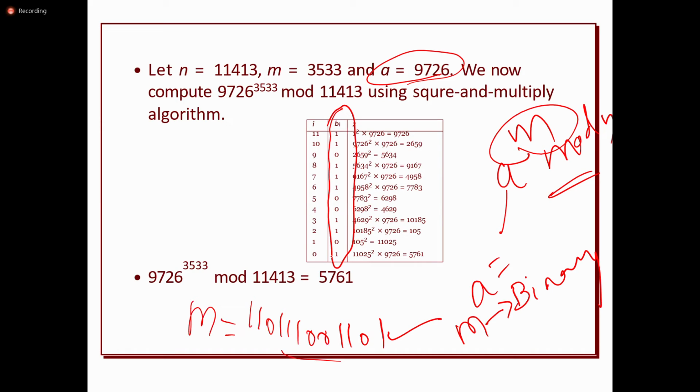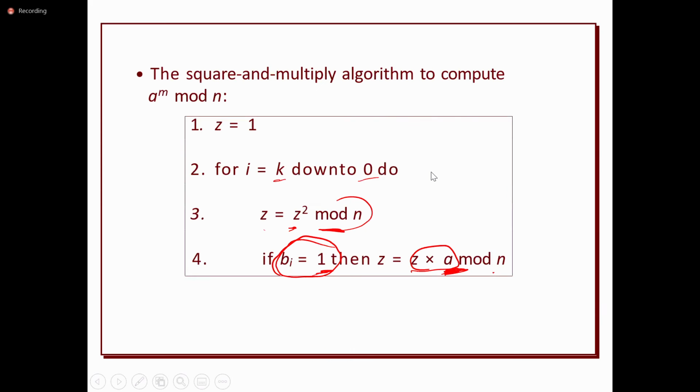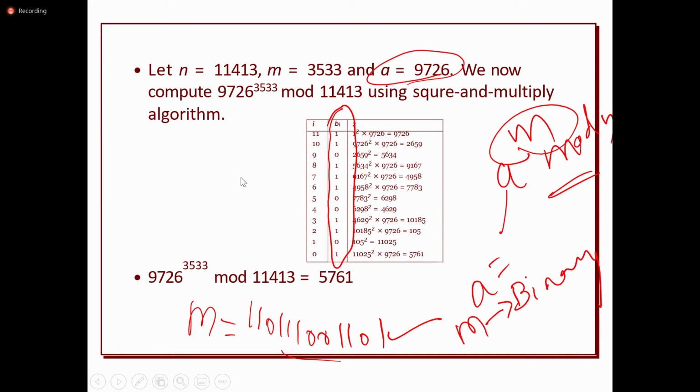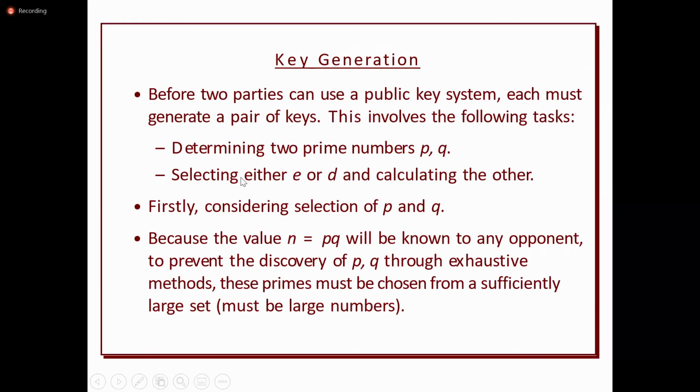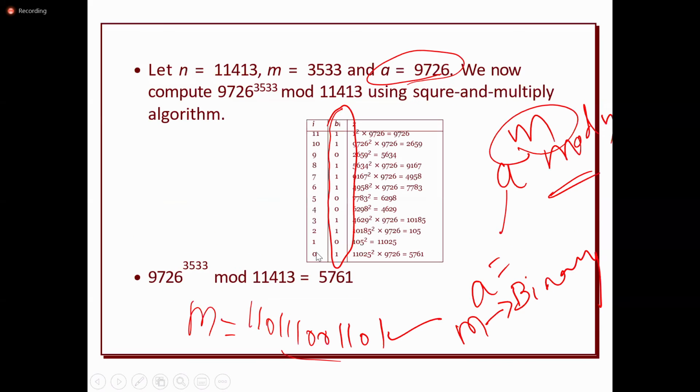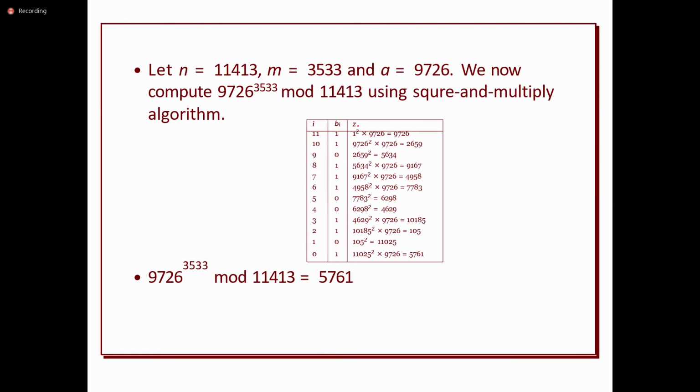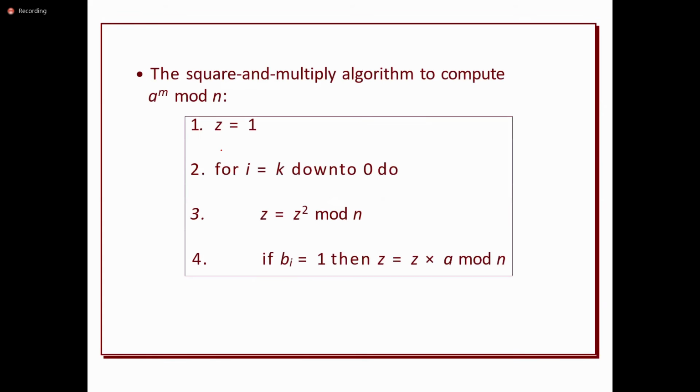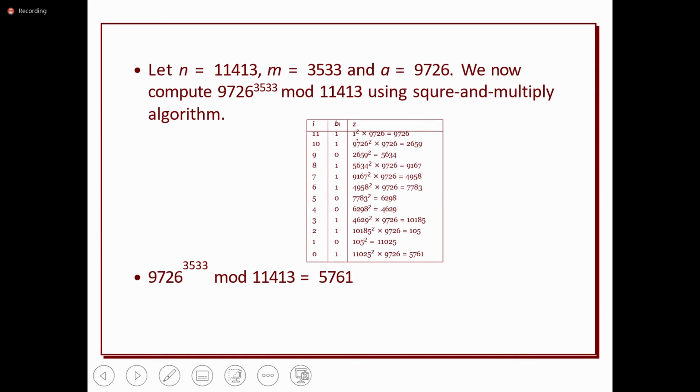Once we get the binary value, we have to follow the pseudocode, where z is equal to z square mod n. It starts from z equal to 1, so 1 square.